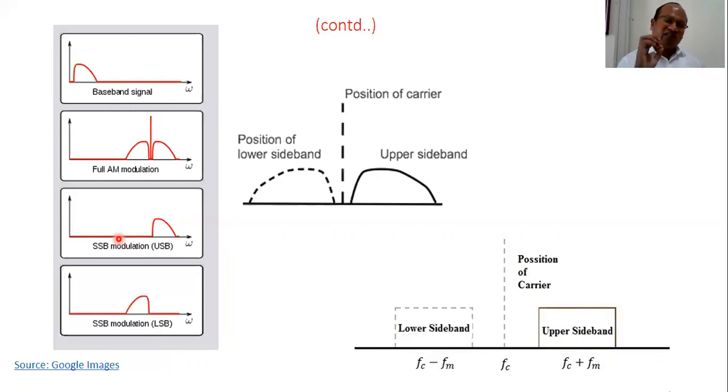And due to this fact, the improvement in SNR is very good in SSB, because both sidebands are not going. And forget about this sideband concept. If both sidebands are transmitted, we know that most of the noise component is contributed in the channel. Now you are sending only one sideband, so you have limited band utilized in the spectrum, that is in the channel.